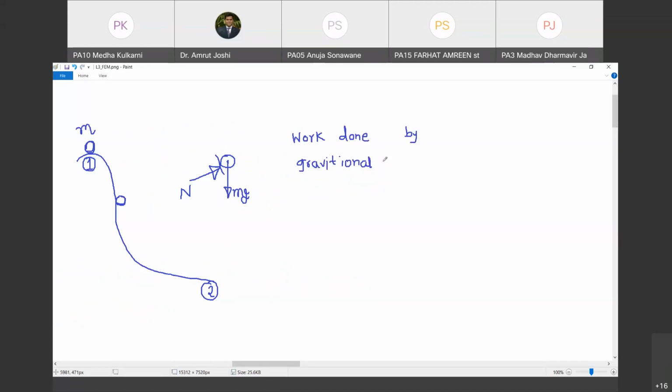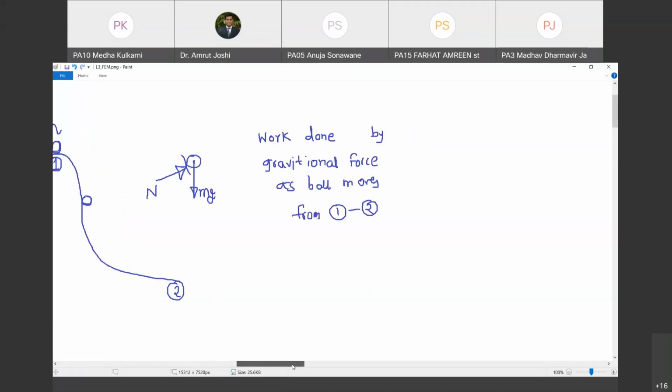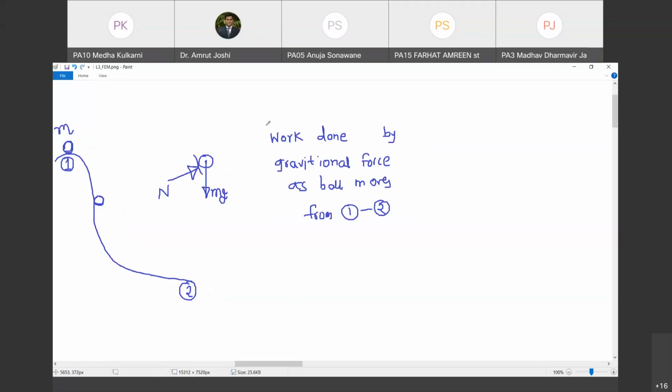What is the work done by gravitational force as the ball moves from position number 1 to 2? समझ में आ रहा है? Yes, sir. चलो, tell me what is the work done by gravitational force as the ball moves from 1 to 2?